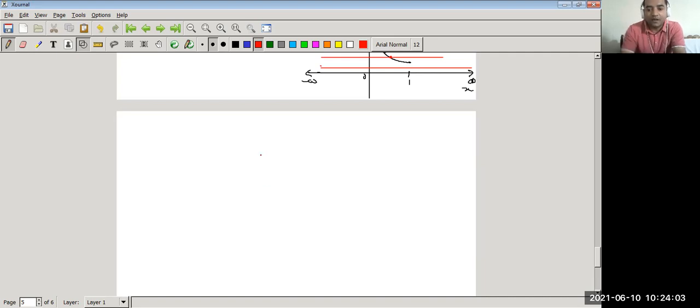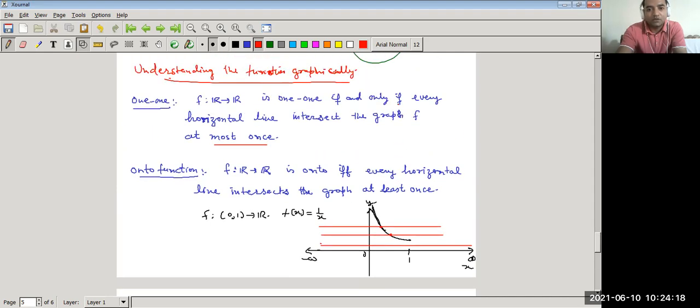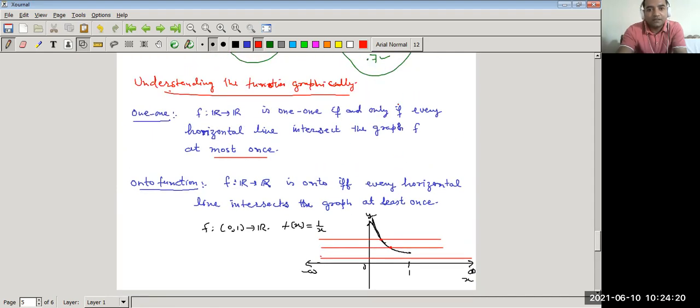An onto function f from R to R is onto if and only if every horizontal line intersects the graph at least once.